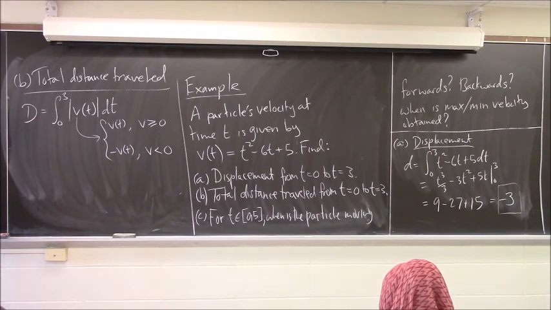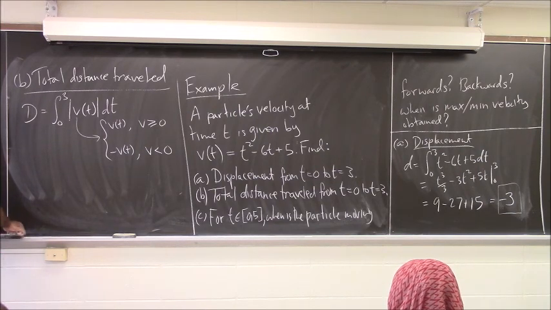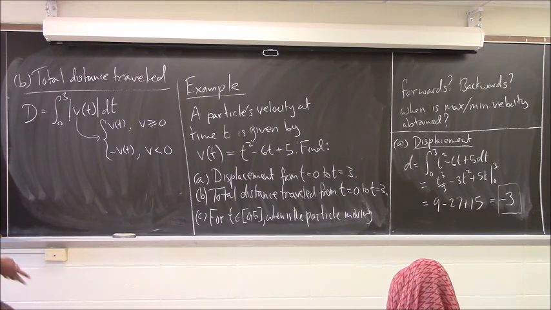How do you figure out where a function is positive versus negative? What would you do? What's the first step here? If I give you a function and say, where is it positive, where is it negative, what would you do?